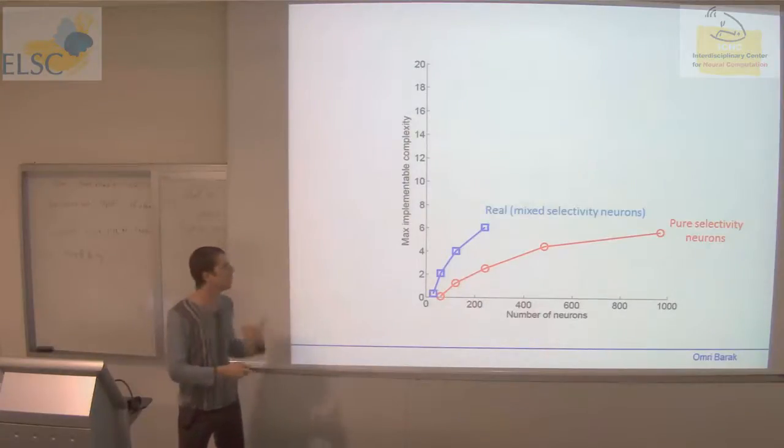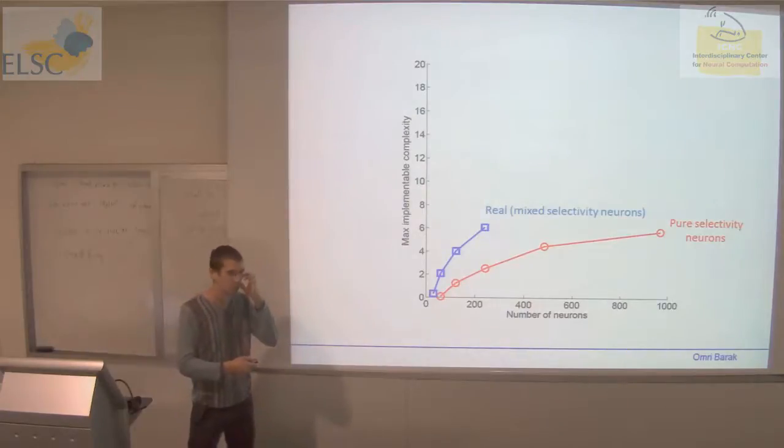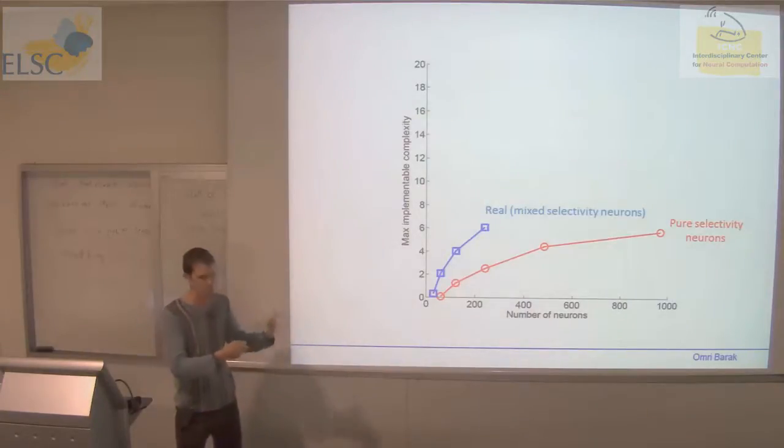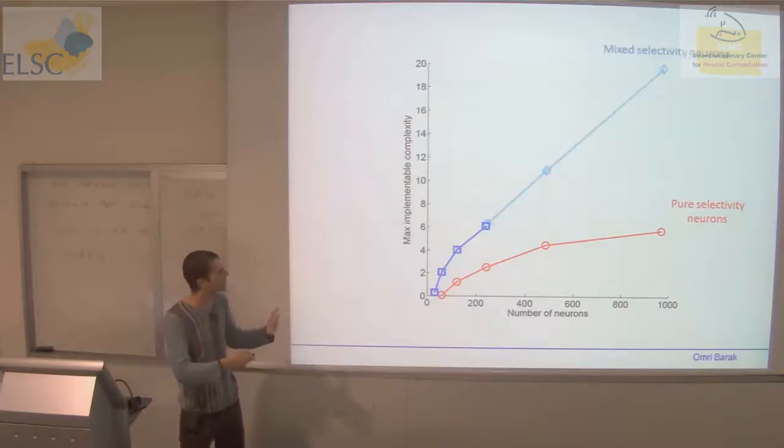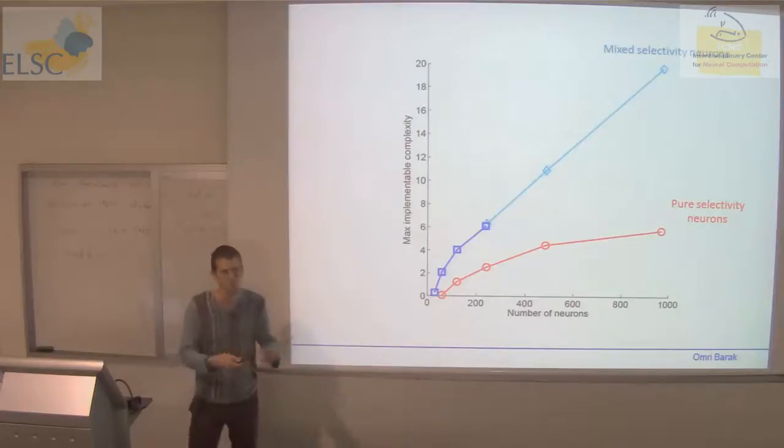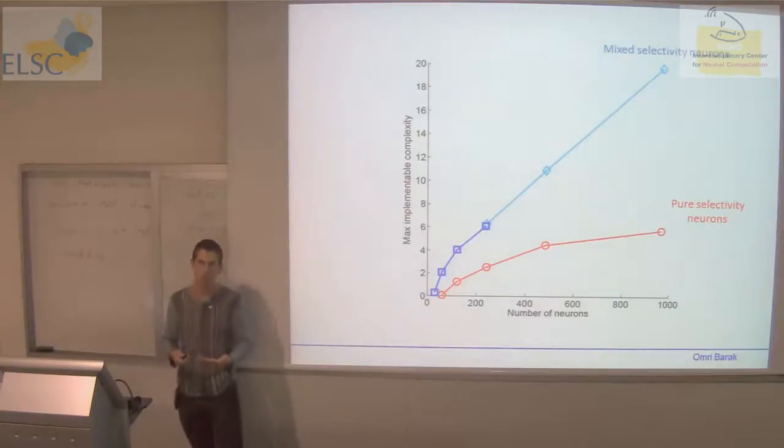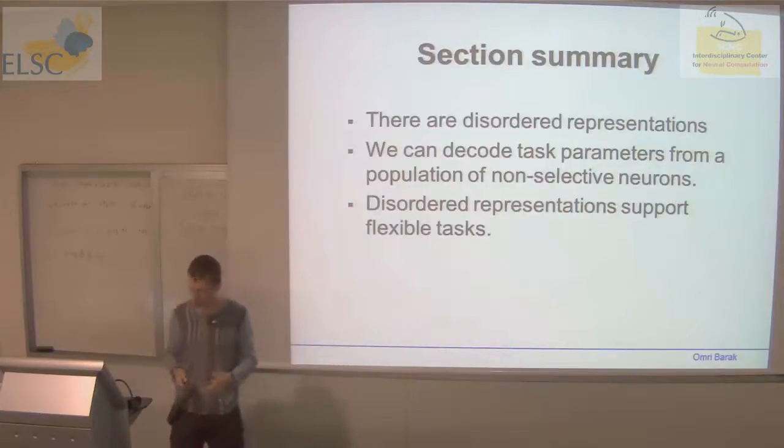And we need many more of these purely selective or ordered neurons than the fewer real mixed neurons to implement the same task. Through some shuffling algorithm, we can extrapolate this beyond the number of neurons we actually have and see that the pure selective neurons saturate at a given complexity, while the mixed neurons can perform more and more complex tasks.